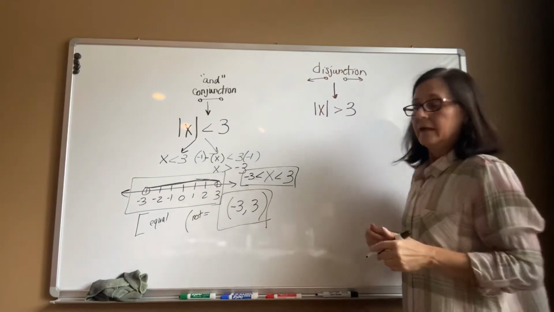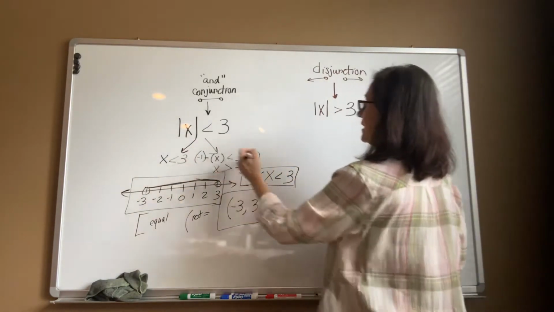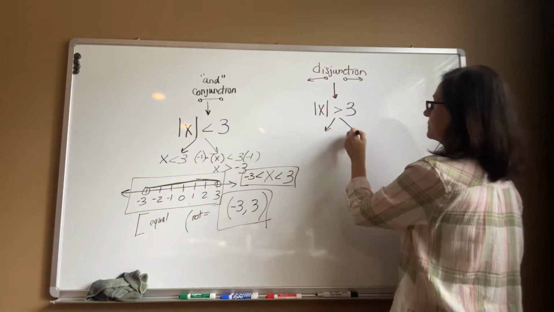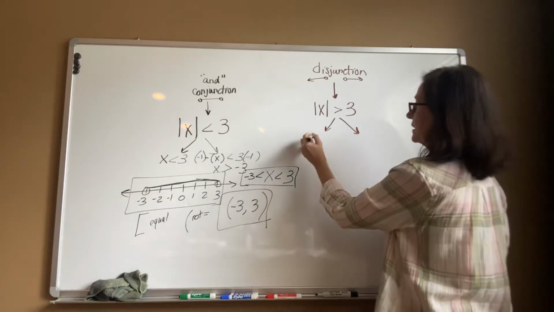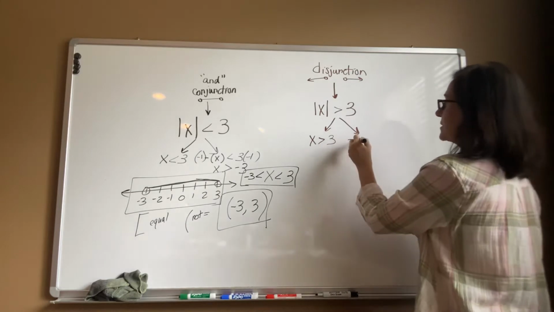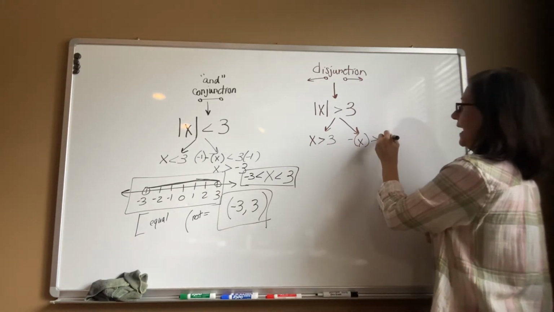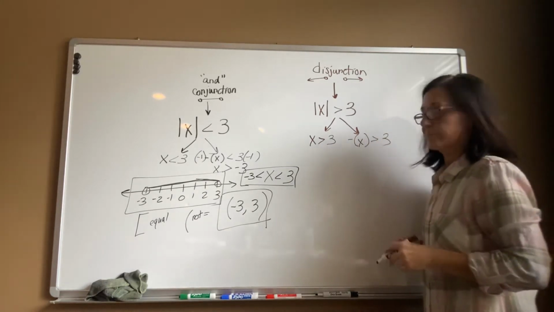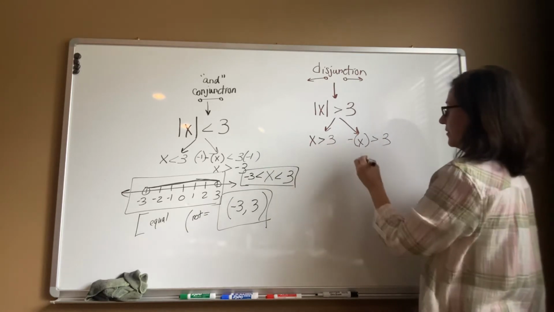All right? And again, we do the same thing here. We solve it by dropping the absolutes and simply solving the inequality. And we take the opposite of what's in the absolute and solve the inequality. All right, so that's just X greater than 3.